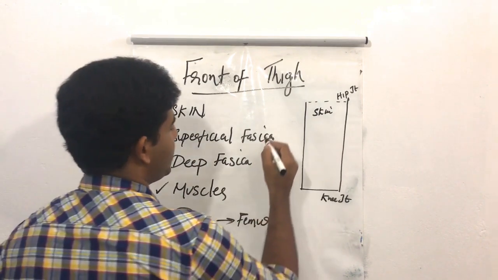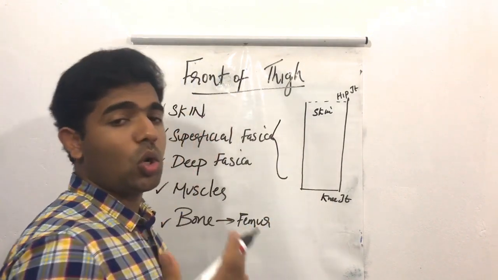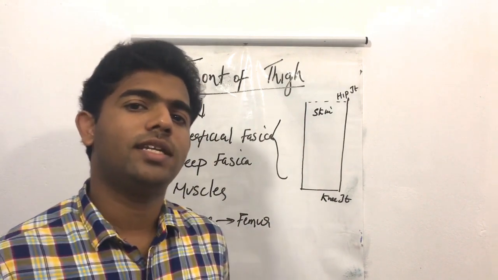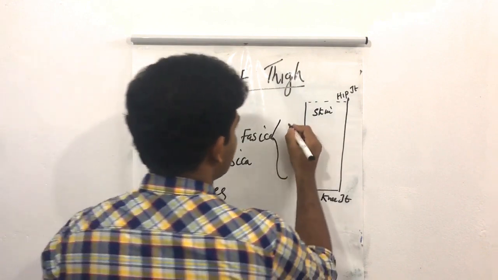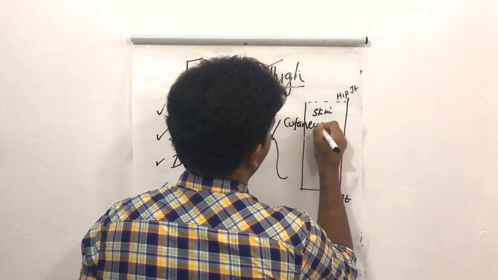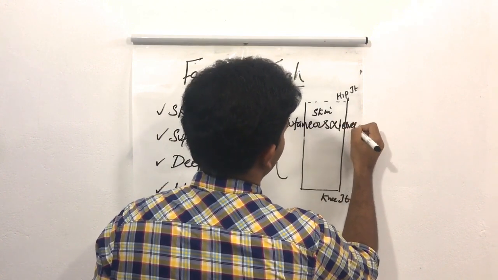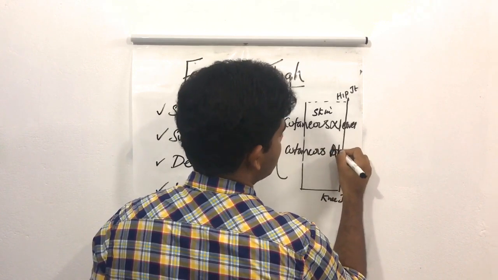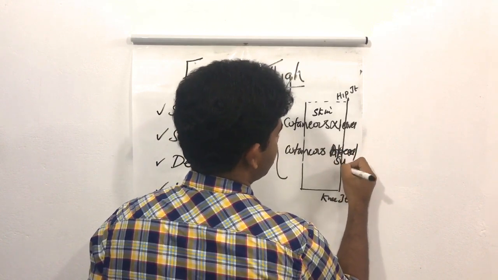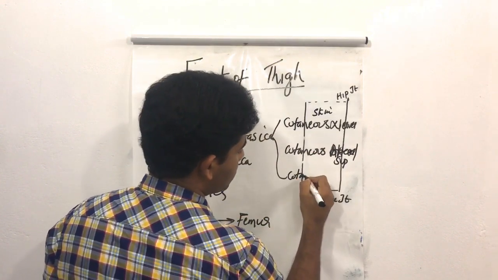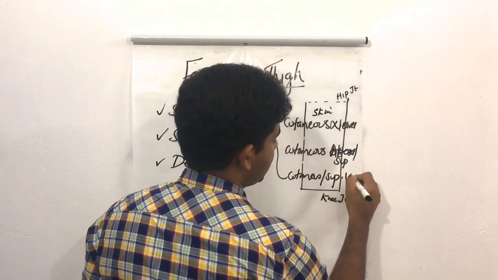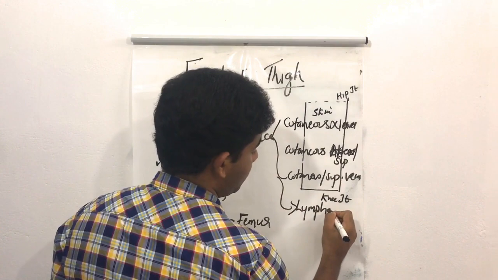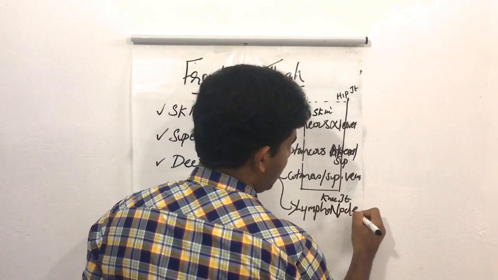This superficial fascia contains a lot of nerves, blood vessels and lymphatics. It contains cutaneous nerves, cutaneous or superficial arteries, cutaneous or superficial veins, and finally lymphatics, better you say lymph nodes.